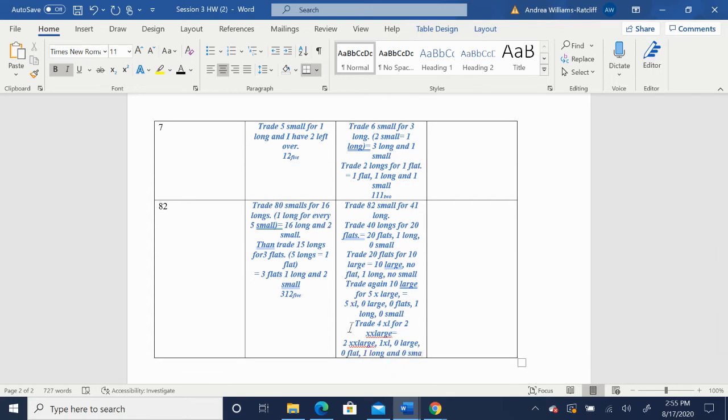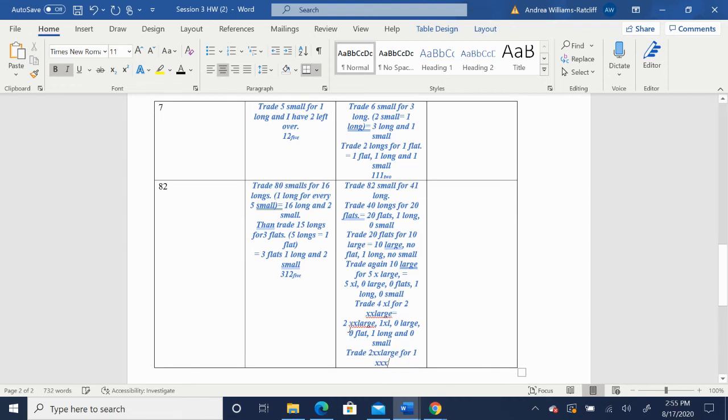And we know we would even have to trade one more time. We would trade the 2 XX large for 1 XXX large. And that would give us 1 XXX large, 0 XX large, 1 extra large, 0 large, 0 flats, 1 long, 0 small.